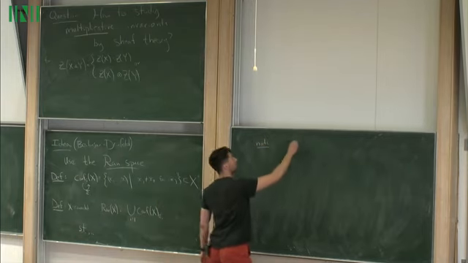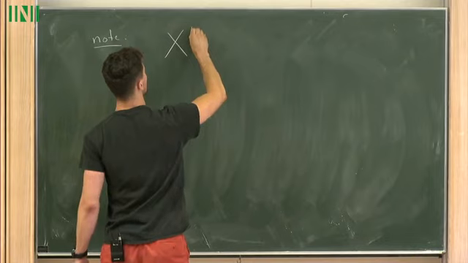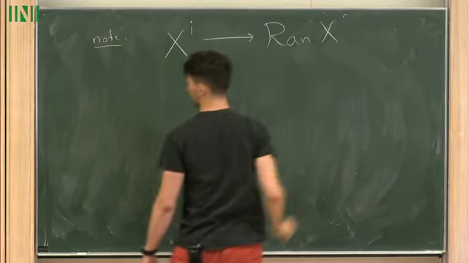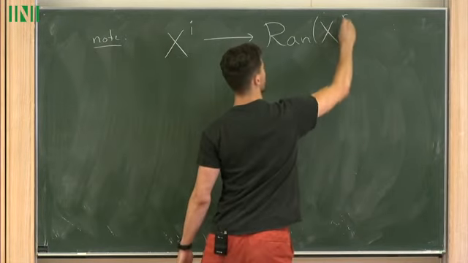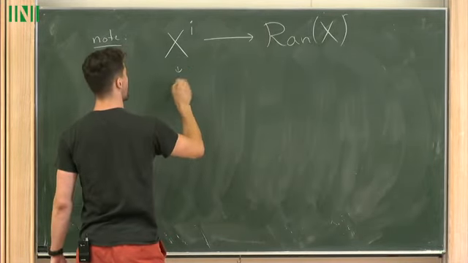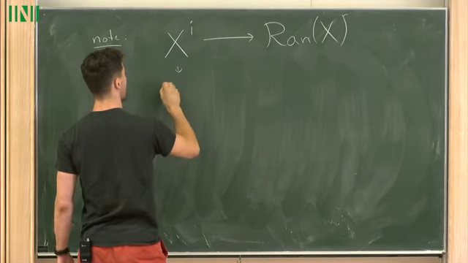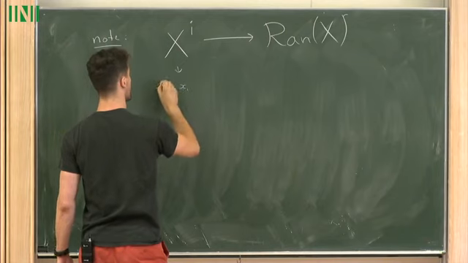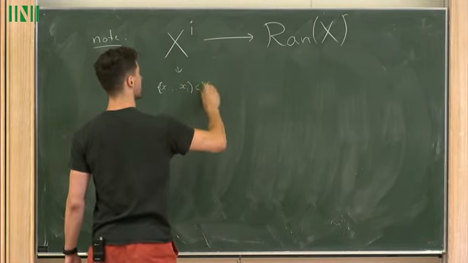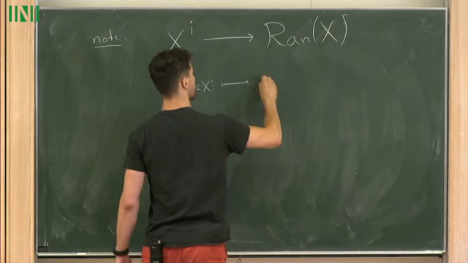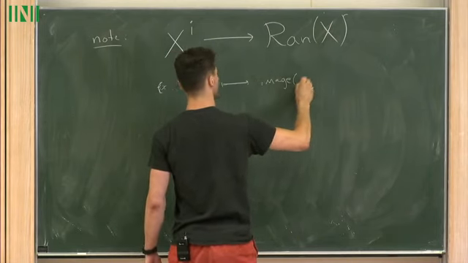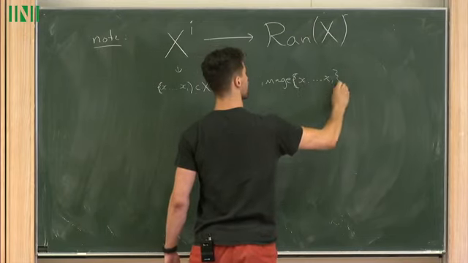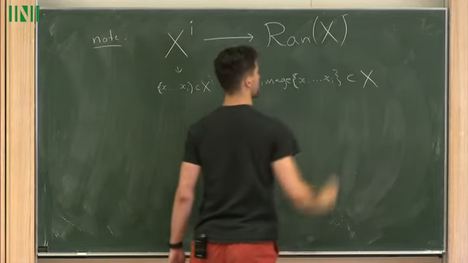So note that there are natural maps X to the I. These are maps of sets to Ran X that send some I-tuple to the image as a subset of X.